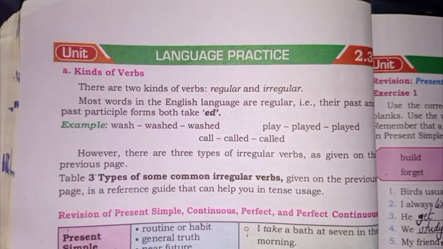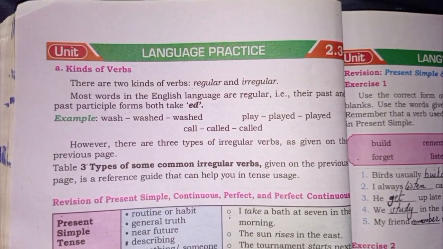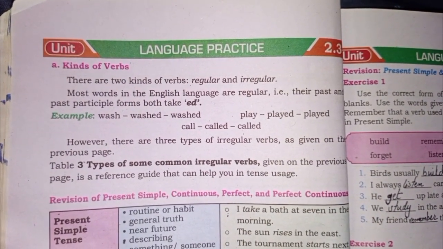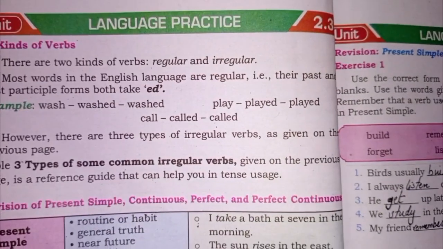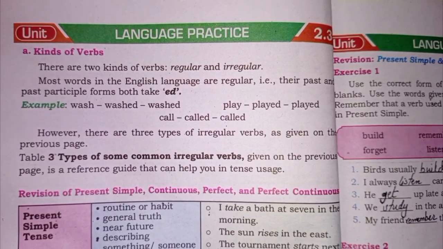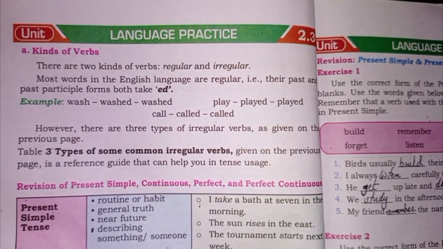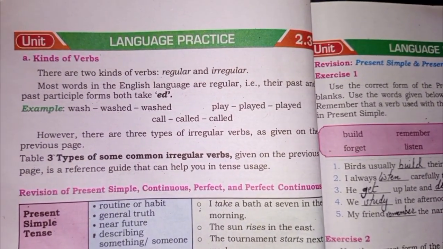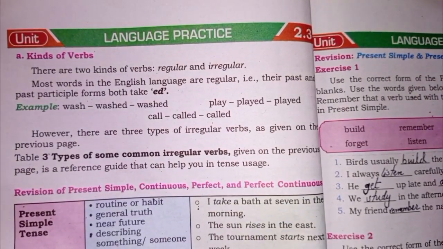So most of the verbs in the English language are regular and irregular verbs. Now I will explain the difference between regular and irregular verbs.